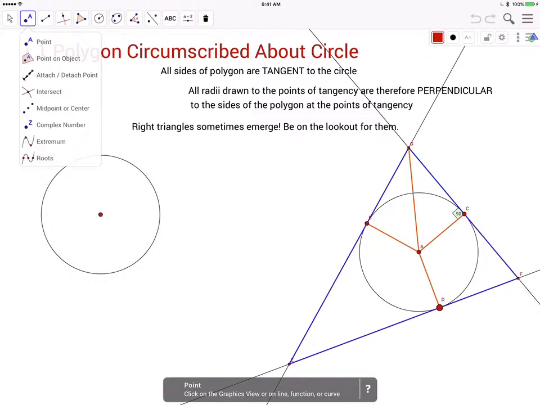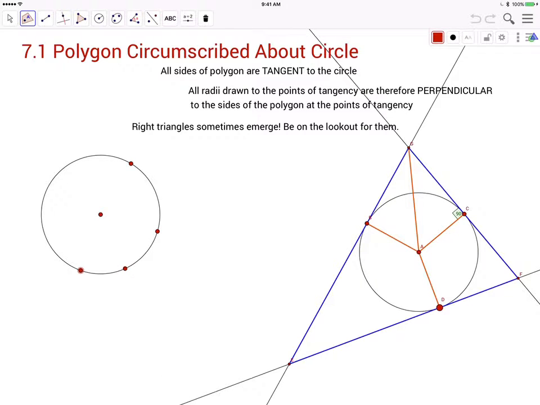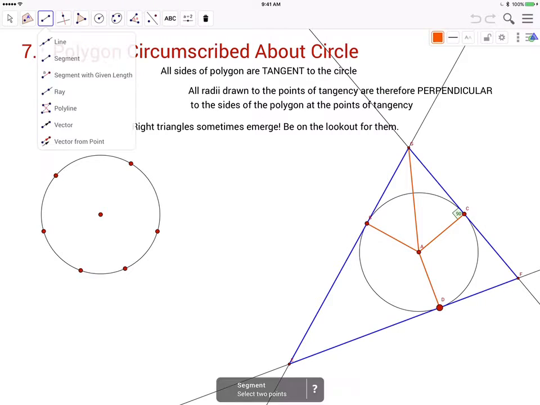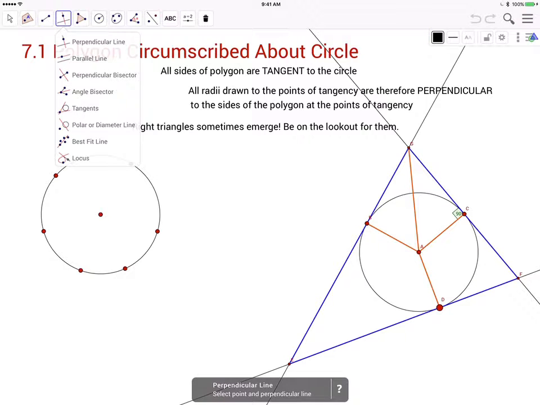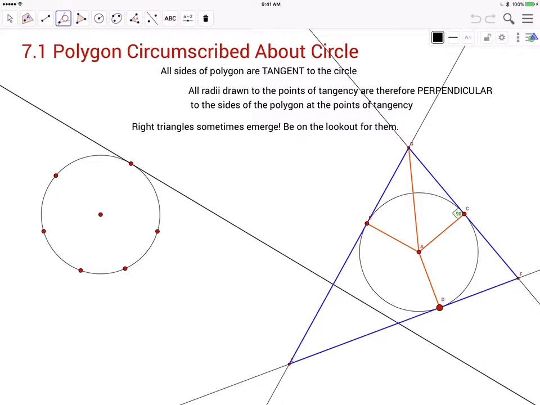And then what happens is we take and we put points on the object. So there are a couple here. The picture is going to get a little messy, but you'll get the gist of what's going on. I've got a bunch here, and let's create tangents at those points. So we have to tell it to put a tangent at that point and the circle.